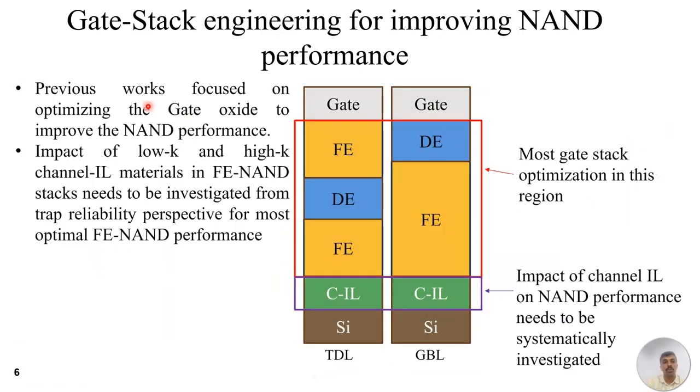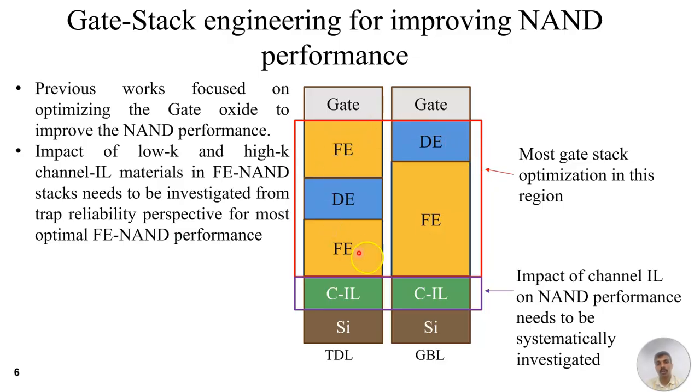Most of the previous work focused on gate stack engineering in this red region which I have highlighted, where many previous works considered different dielectric materials and their location, such as at the center or at the top side, as the tuning knob to improve the Fe NAND performance and Fe NAND reliability.